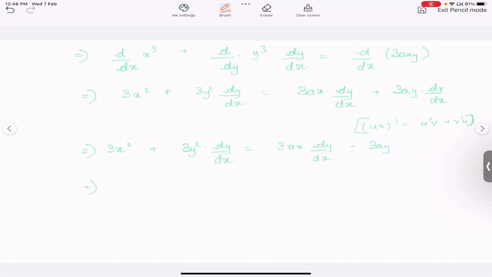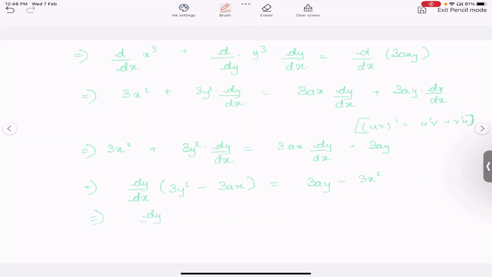Now we'll bring the dy by dx terms on one side. So 3y square minus 3ax will be equal to 3ay minus 3x square. If we rearrange the equation, we'll have this thing.